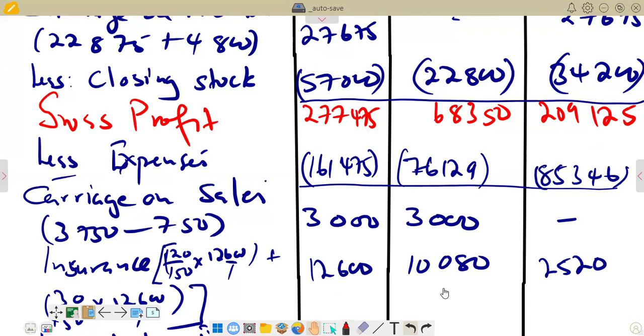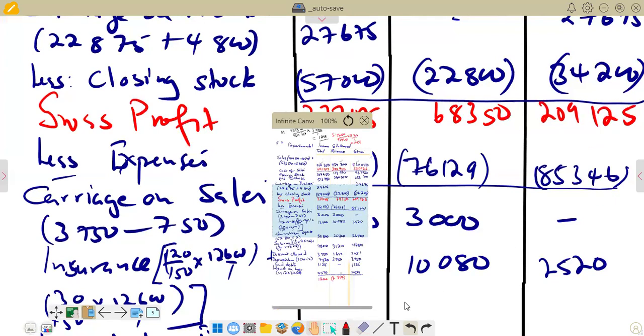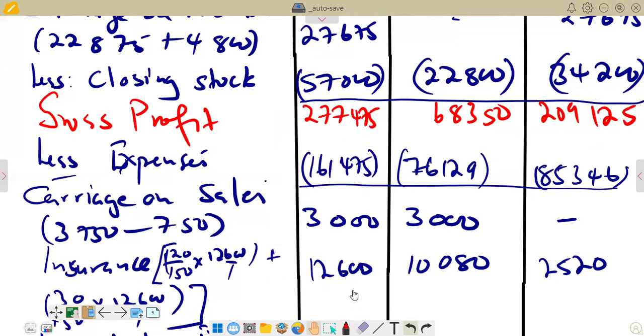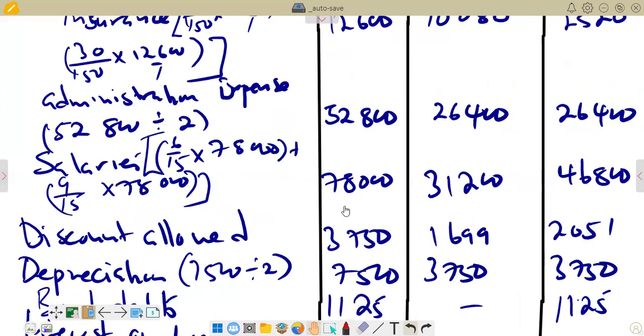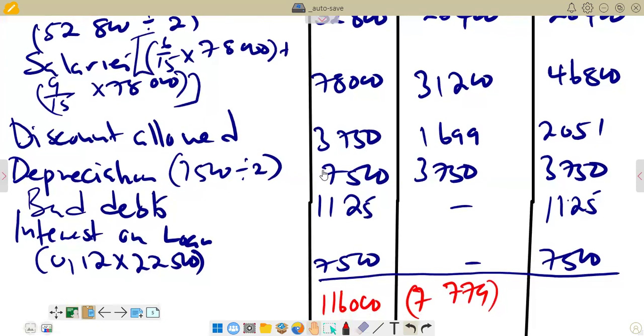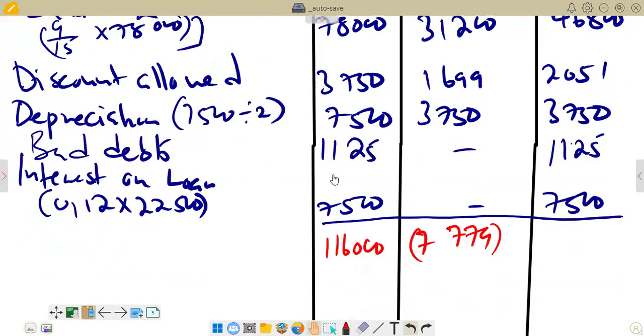So this is the same figure that we are going to put there. It's a positive, so show it as a positive. So the figure that we are getting there is 124,000.